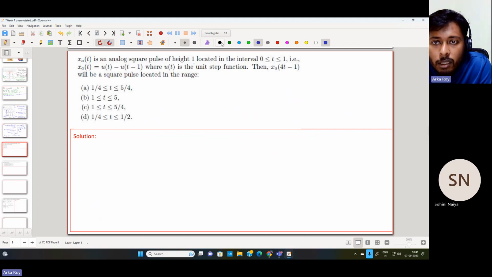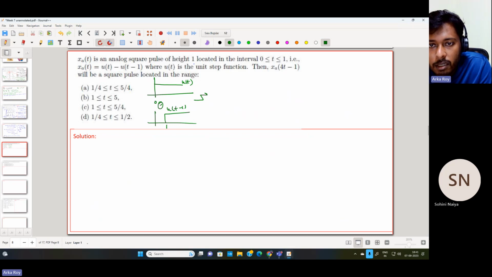So how is the square pulse coming? If I show you, this is what u of t looks like, starting at 0. And this is what u of t minus 1 looks like, starting from 1. So if we subtract these two signals, in between 0 to 1 it will be 1 minus 0, so the amplitude will be a constant 1 from 0 to 1.